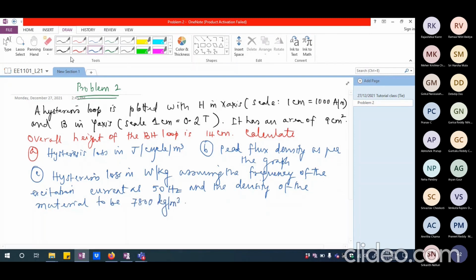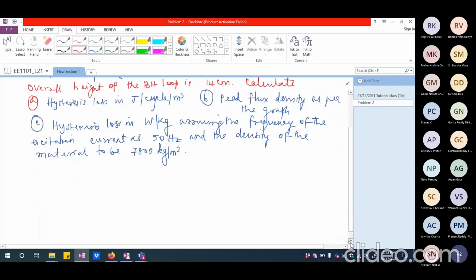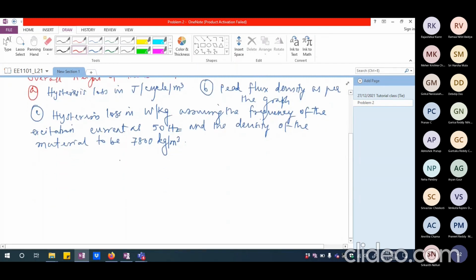Okay. So let's first of all again draw the hysteresis loop. If I draw the hysteresis loop, I have to draw it somewhat like this. So this is going to be the complete hysteresis loop that we see for a magnetic material.